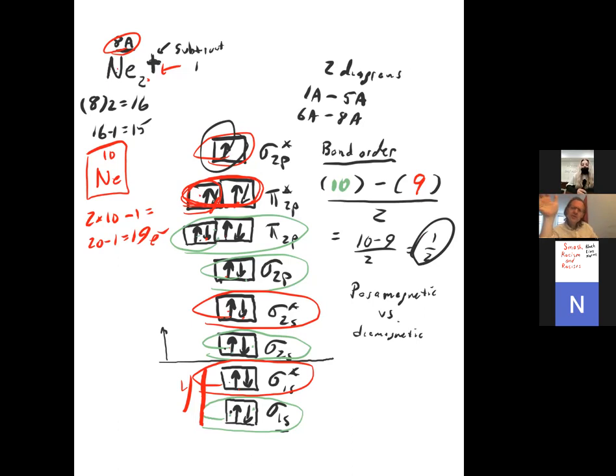The more unpaired electrons you have, the stronger the attraction is to the magnetic field. But if you have any, it's going to be attracted to a magnetic field. So that means it's paramagnetic. There's 1 unpaired electron. If we were to try to do Ne2, just to show you the difference, what's the difference between Ne2 versus Ne2 plus?